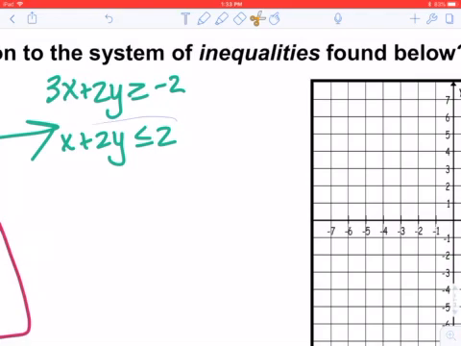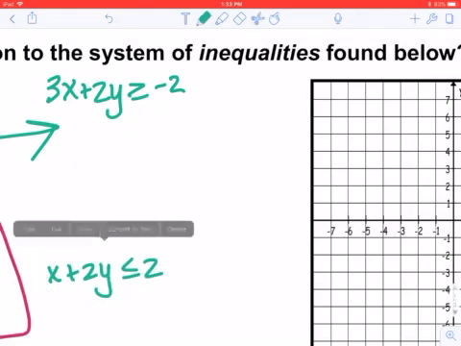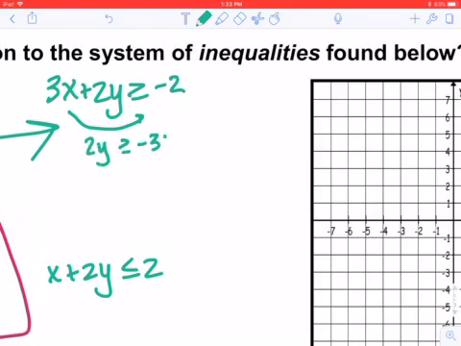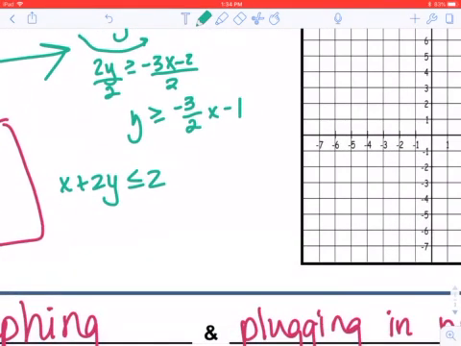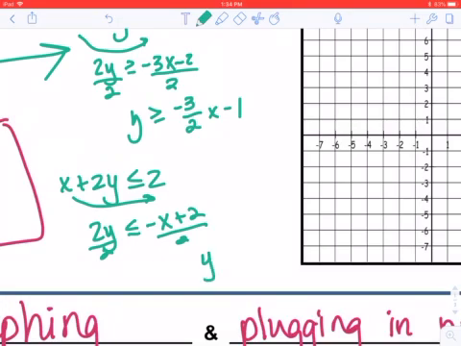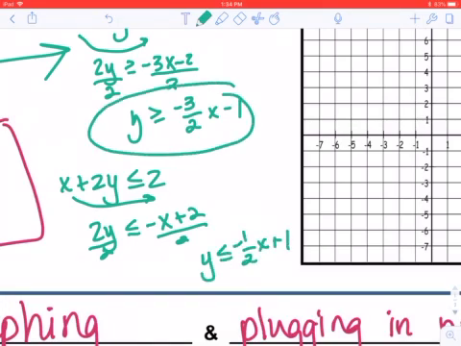I need to subtract the 3x over, divide everything by 2, so y is greater than or equal to negative 3 halves x minus 1. Okay, there's my first equation that I'm going to put on my graph. Second equation, again, I need to move my x over, divide everything by 2, so y is less than or equal to negative 1 half x plus 1. Okay, so those are the 2 equations I'm going to put on my graph over here.